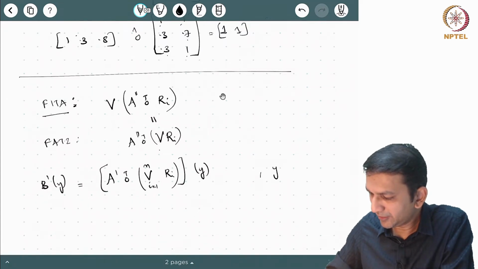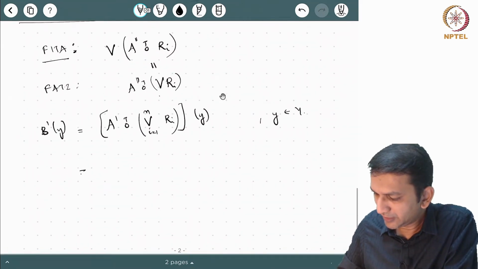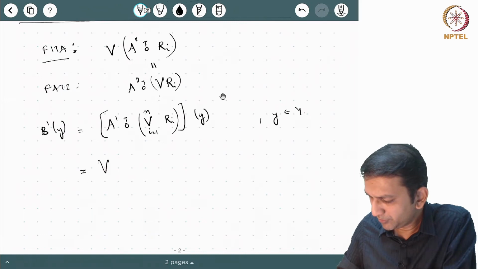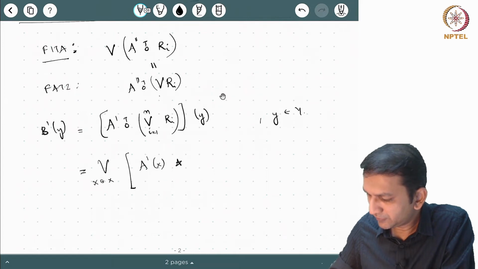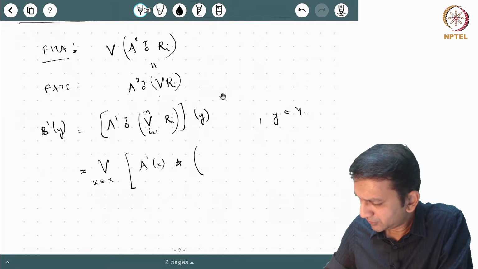Note that y element of Y is arbitrary. Now let's expand this. So this is supremum over x element of X, A dash of x, let's use the infix notation star, of the supremum i equal to 1 to n Ri of x comma y.